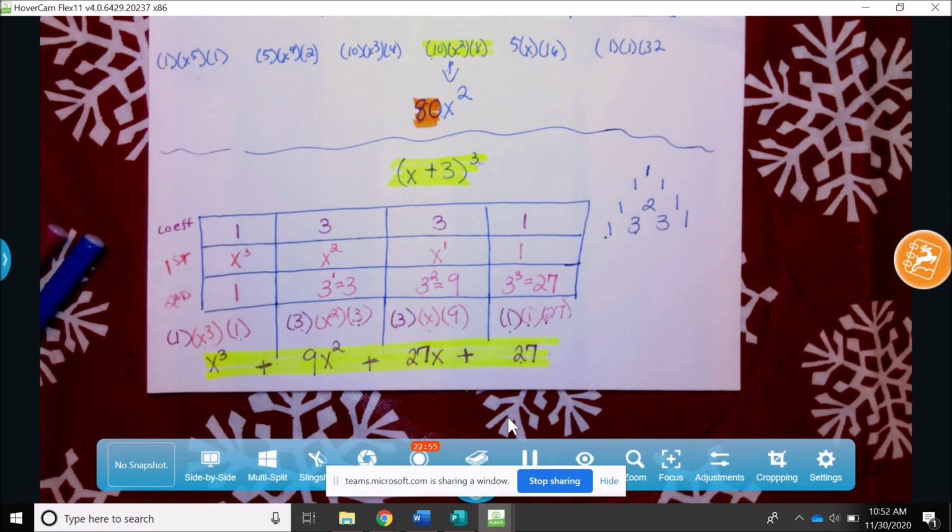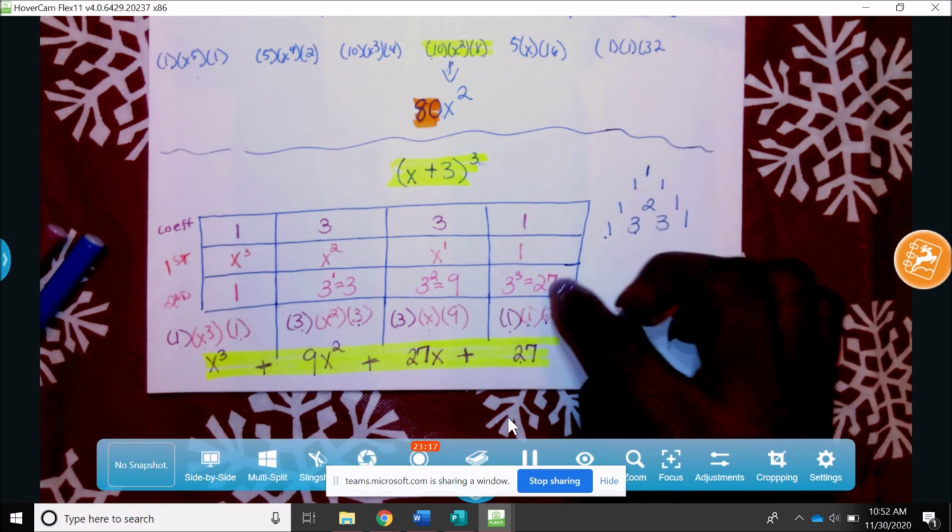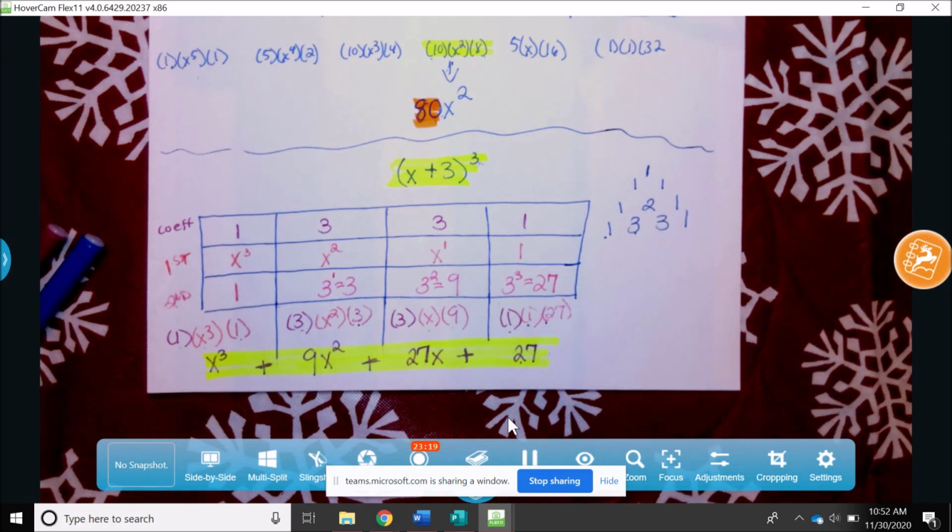How did you do? You don't have to necessarily memorize this in order to be successful. Remember, you have something fantastic in your intellectual toolkit, and that is your distributive property. If you forget how to do any of this and this is still confusing to you, just simply use your distributive property over and over again.